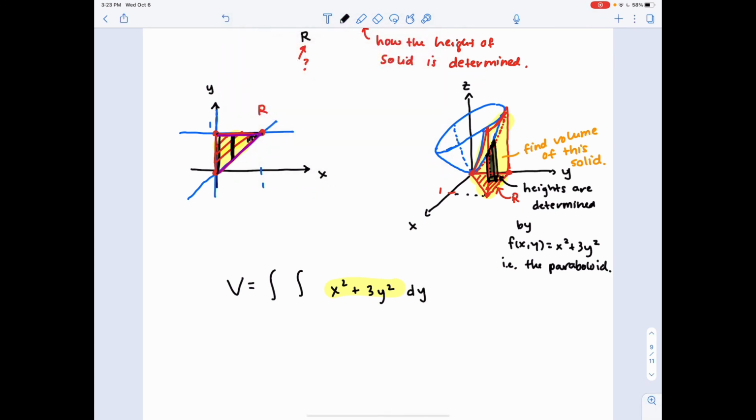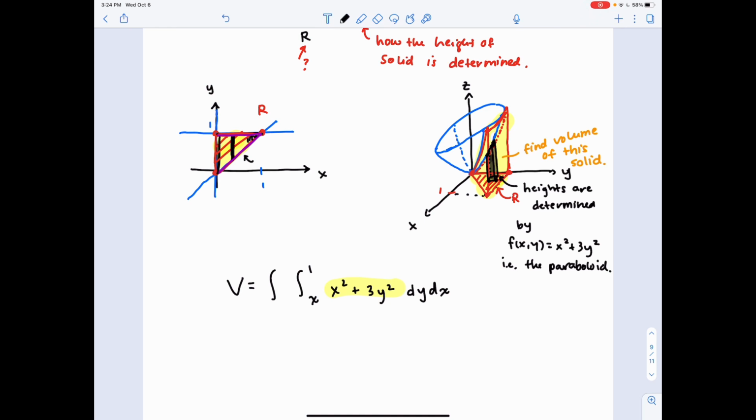I'm going to go ahead and do dy dx so that we're handling the functions solved in the form y equals. And so the bottom function is the line y equals x, and so that becomes our bottom bound, x. And our top function is the line y equals 1, and so our top bound is just the constant 1.